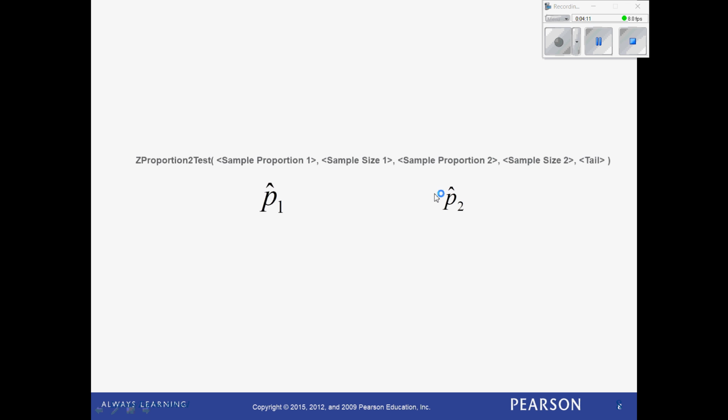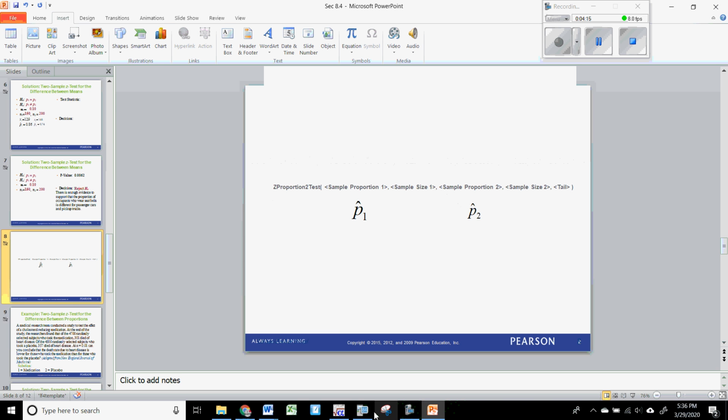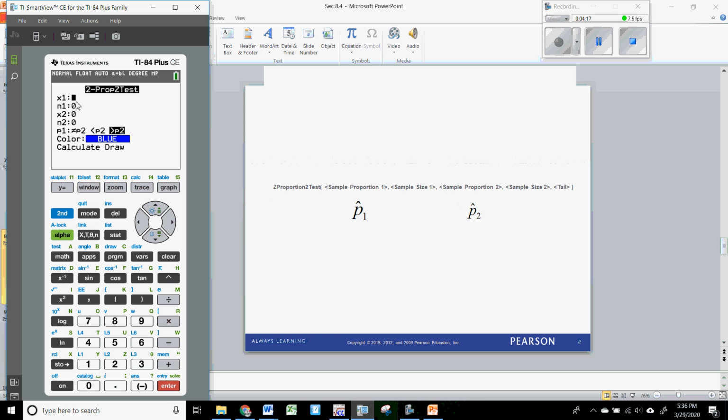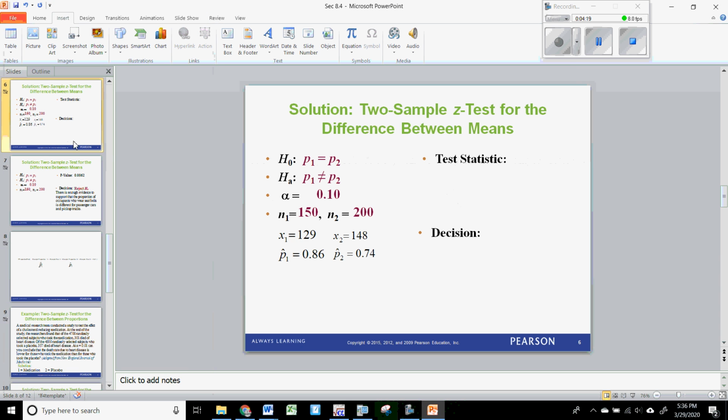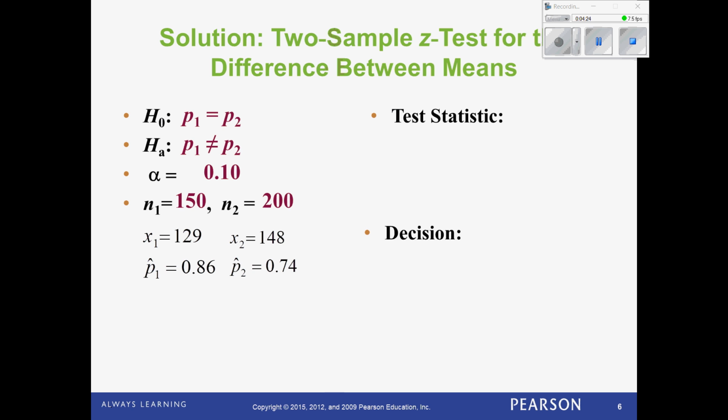So the computer uses our p hats. The calculator uses x1. So however you're doing it, whatever you need to use to get your information, it depends. So in this example, they gave you the p hat. They gave you the 86%, and you had to find x1.